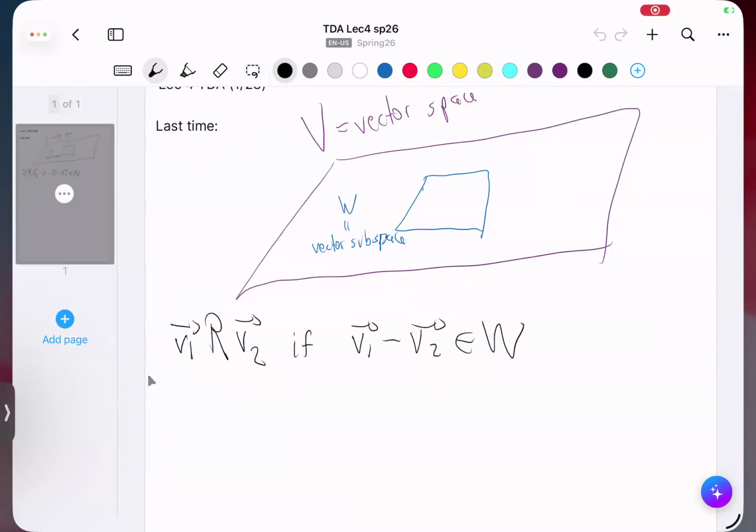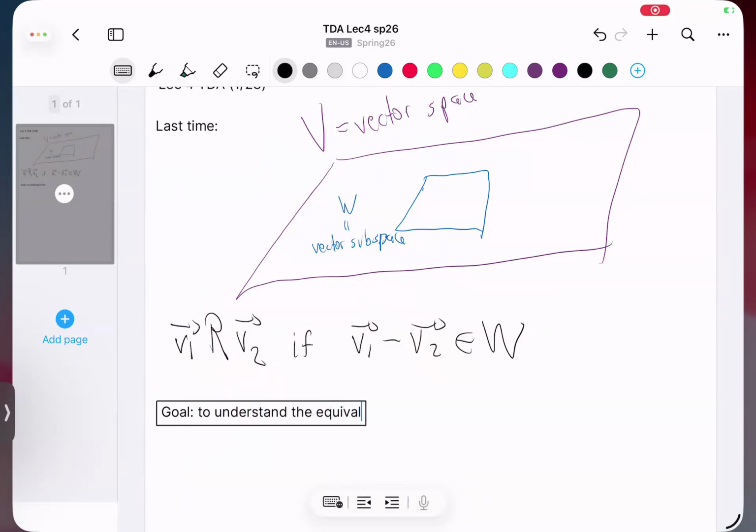Okay, so the goal for today is to understand the equivalence classes of this relation.